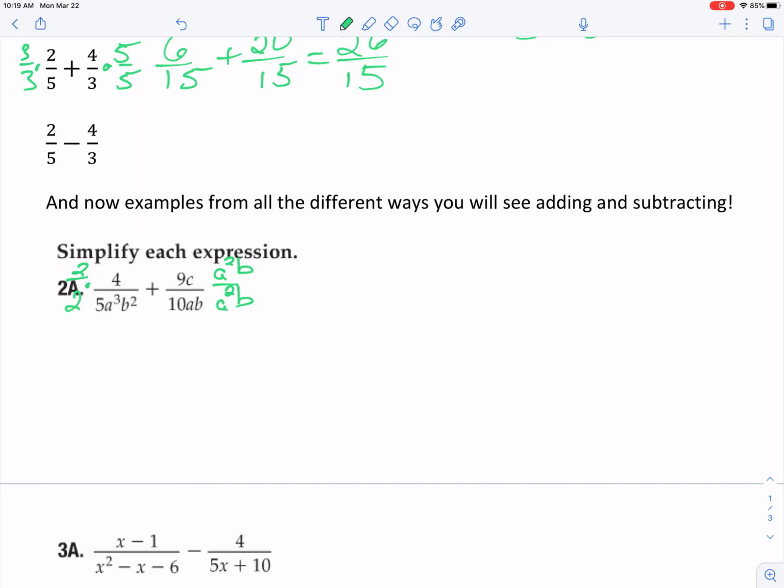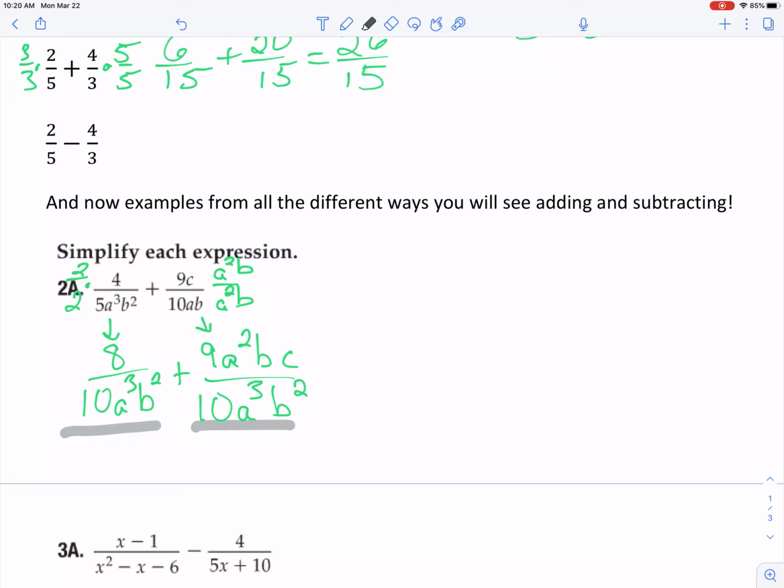So what I want to do then is multiply these. This one becomes 2 times 4, which is 8, over 2 times 5, which is 10, A cubed B squared. And on the other side, this is going to become 9 A squared B C, over 10 A cubed B squared. The whole goal of this was to get those two denominators to be the exact same, which they finally are.